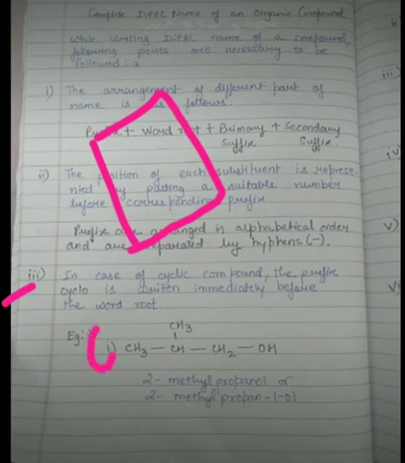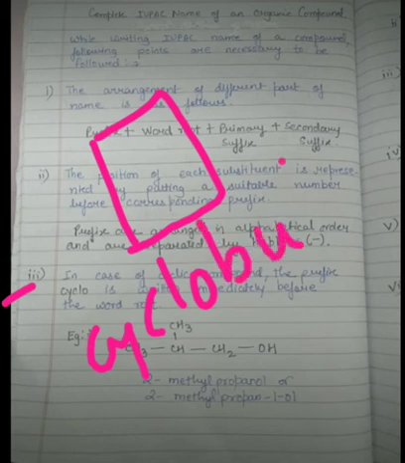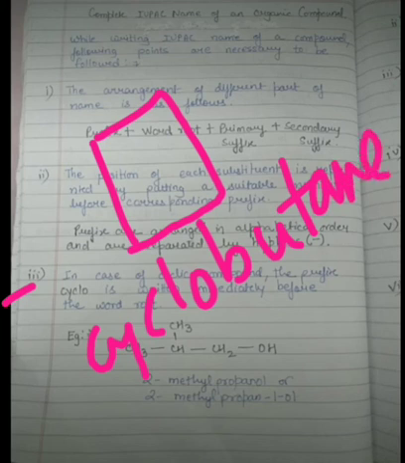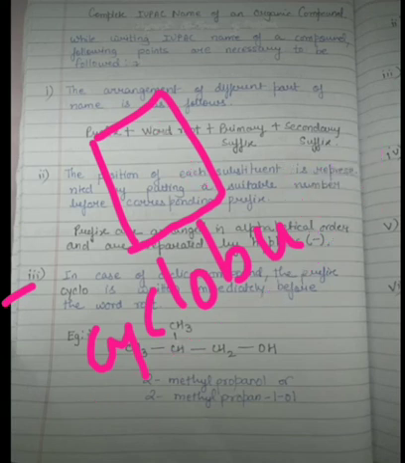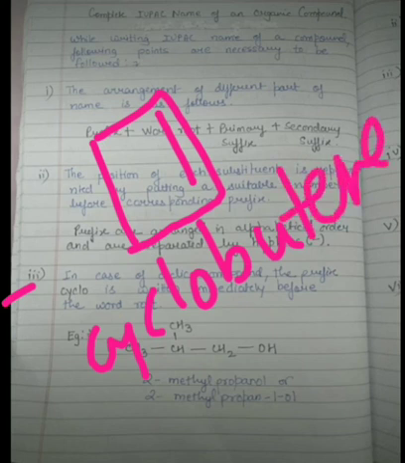So this compound's name will be cyclo, and as there are 4 carbon atoms and they are singly bonded, it will be cyclobutane. Suppose there is a double bond, then you will write it as butene.